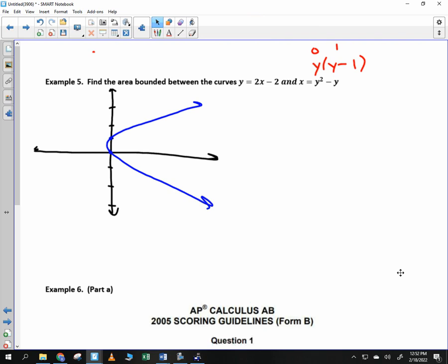Well, that's easy peasy, right? Like 2x minus 2, like we've done that lots of times. So I'm going to go down 2 units. And I'm going to kind of draw my graph there. I want to find the area bounded between those two. Are we okay with that?